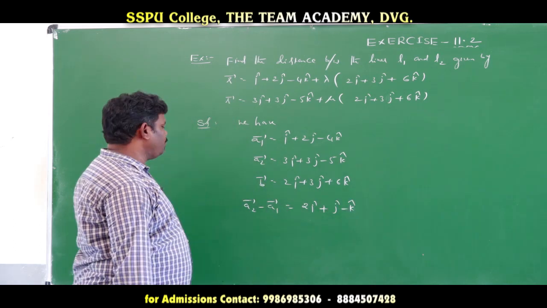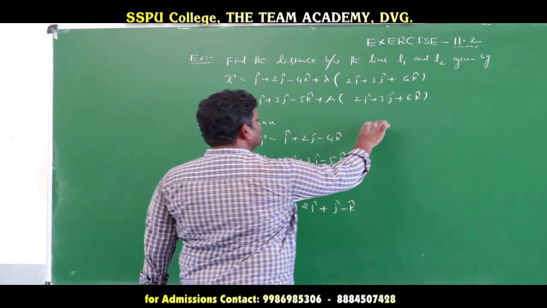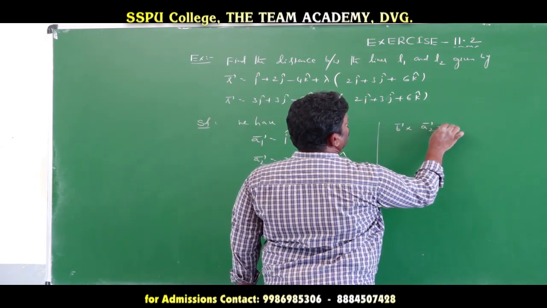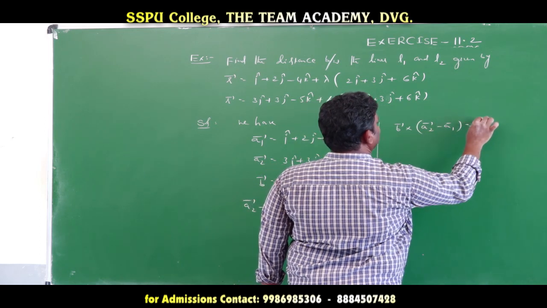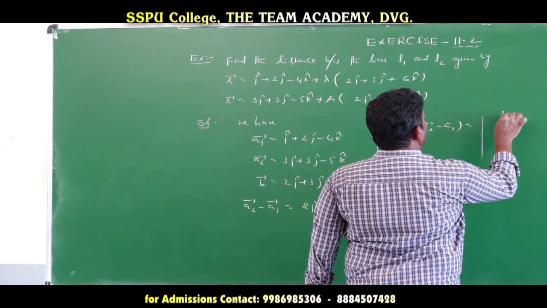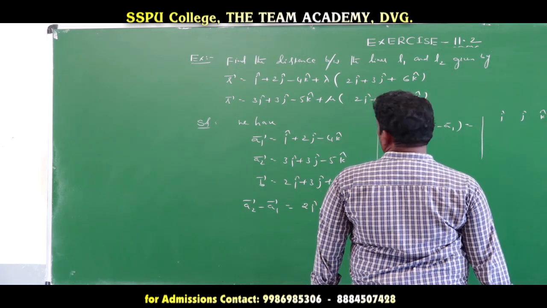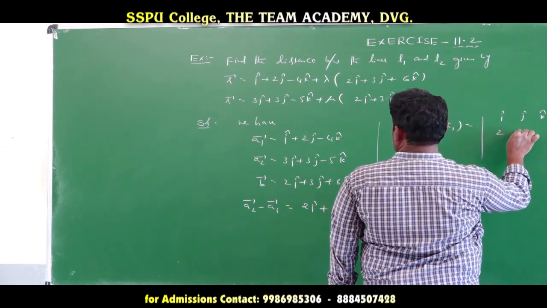Okay? Now if we find out the b bar cross this value, then what we done, see here, b bar cross a2 bar minus a1 bar is equal to this one i cap, j cap, k cap. Now see vectors b bar, what here, 2, 3, 6.